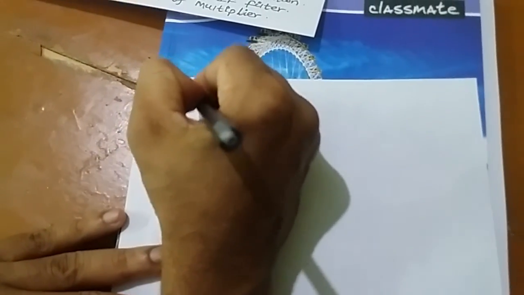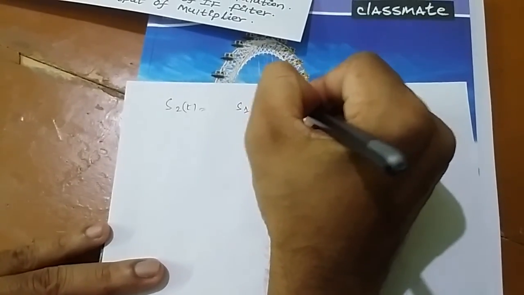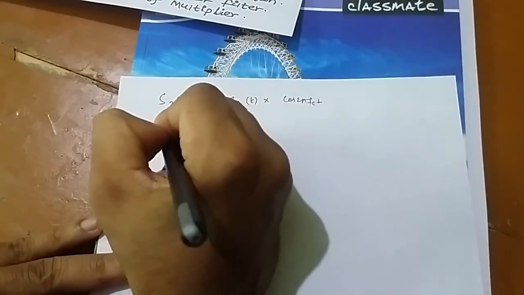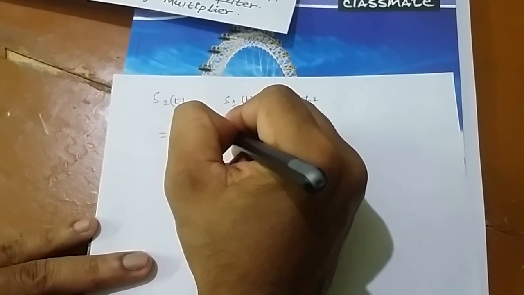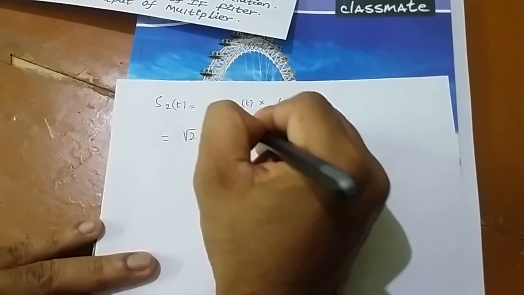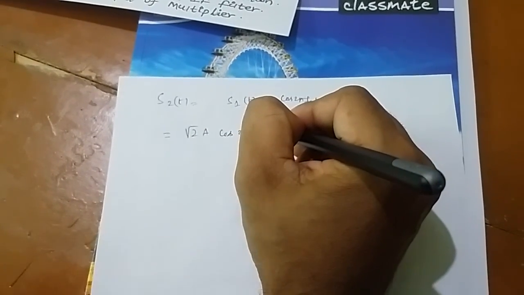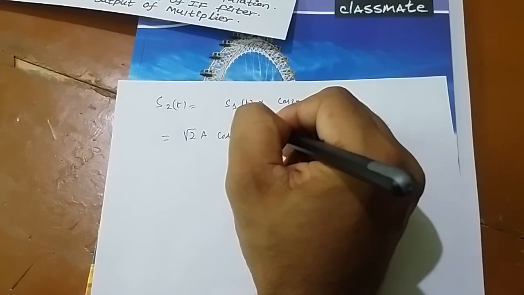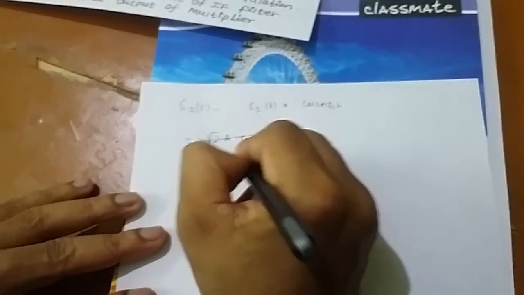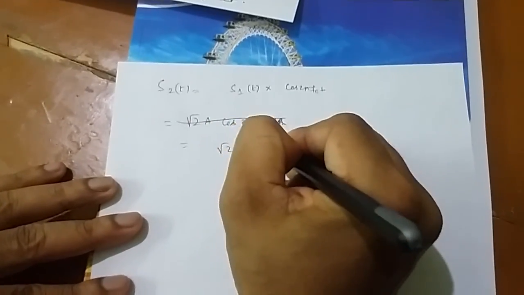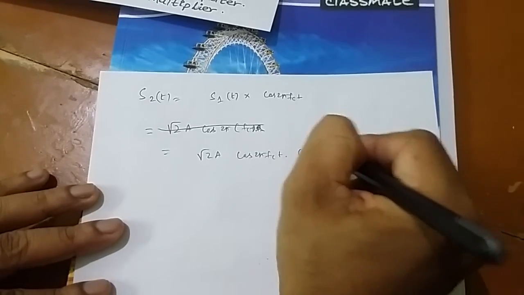S2 of t equal to S1 of t into cos 2 pi fct, and your S1 of t is root 2a cos 2 pi fct into cos 2 pi fmt.